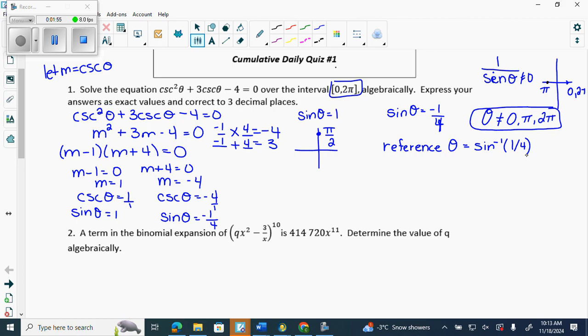Okay? Now make sure you are in radian mode because it's going to be way more complex if you put it in degree mode and then have to convert it to radians with decimals. So just do it in radians, I believe in you. Make sure your calculator is in radians.